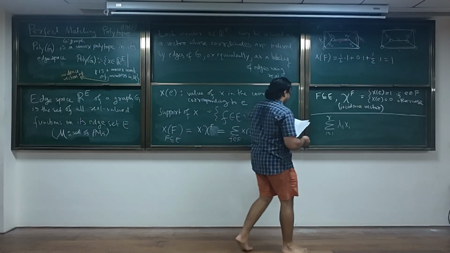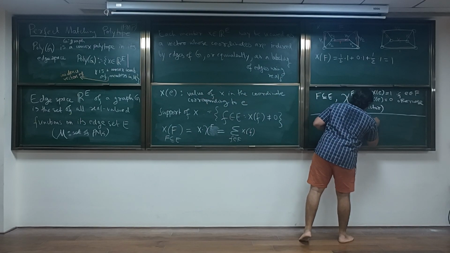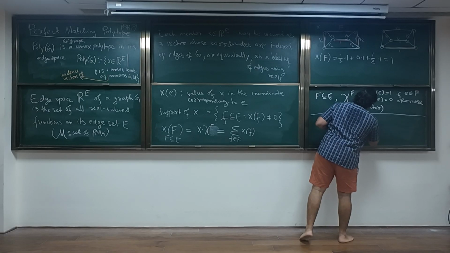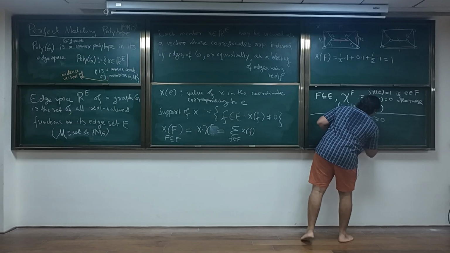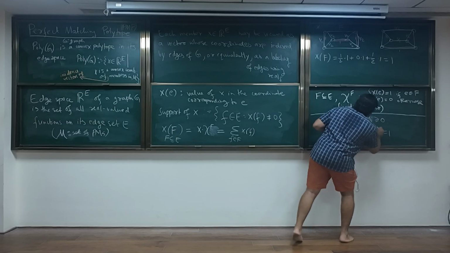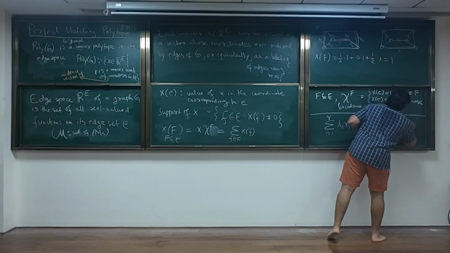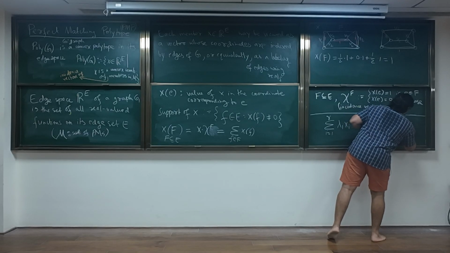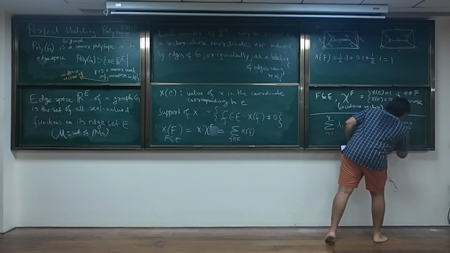Here what we want is for all the lambdas to be at least 0, and the sum of the lambdas to be equal to 1. That's what a convex combination of x1 up to xr is.